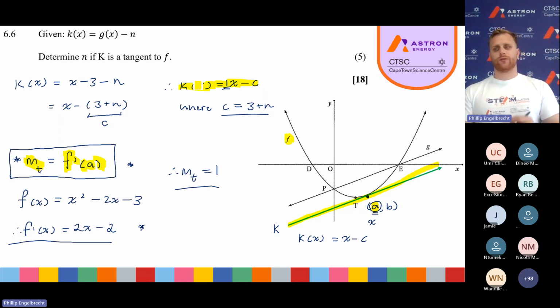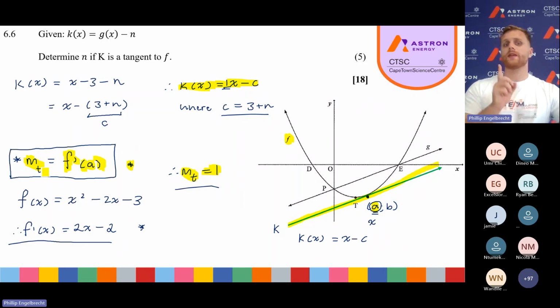So what's the gradient of k? It's 1. So that means that the gradient of my tangent is 1. It's a positive 1. Do we understand that so far, guys? Do we understand how I got to that?